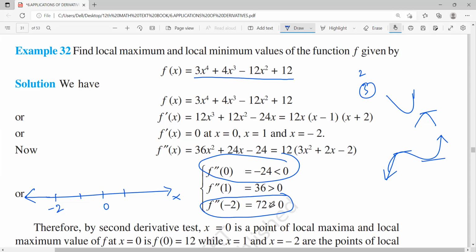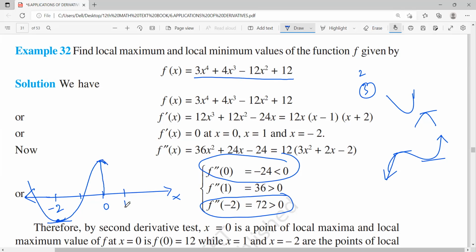At minus 2 it has a minimum, the graph is like this. Then at 0 it has a maximum.